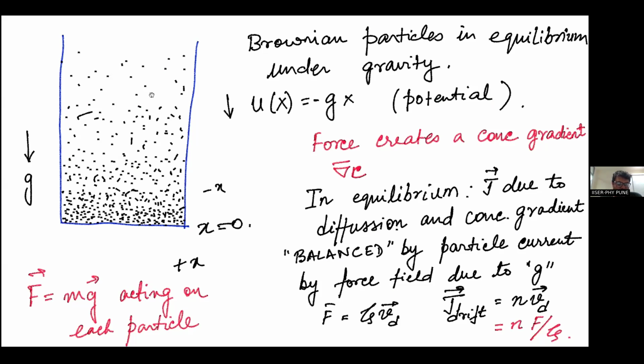As you go up, there is a gain in potential energy. The energy of the particle increases. And you might know from your Boltzmann statistics, the higher the energy, the lower the probability that the system will be in that microstate.